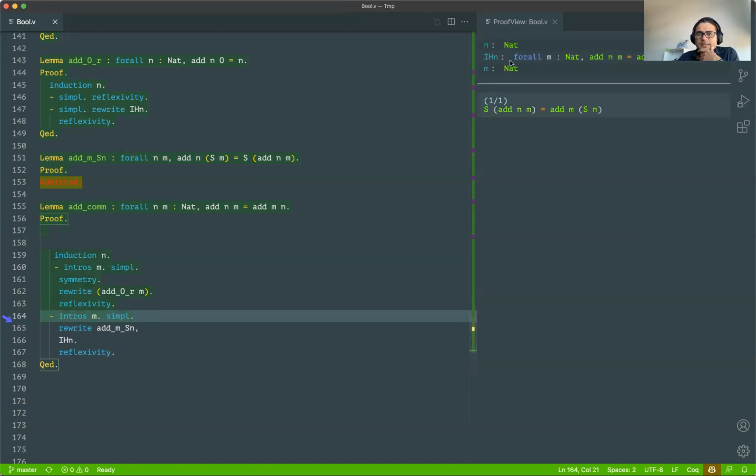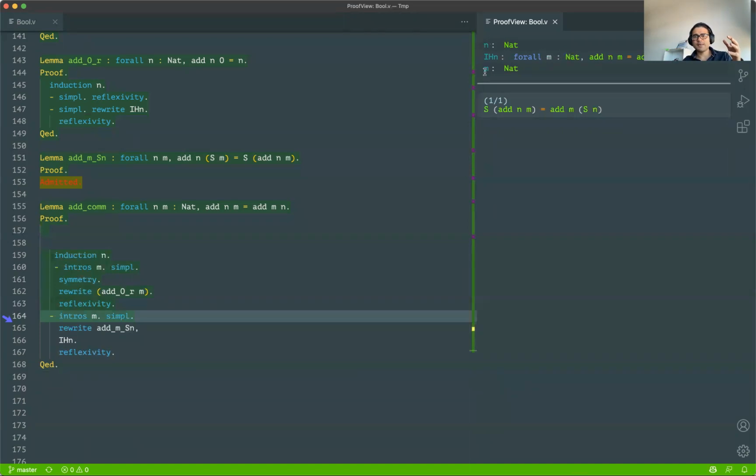If you look at this induction hypothesis, I get this for all m quantifier in the induction hypothesis. This is very crucial because it's a very general, very strong induction hypothesis. You can do many things because you can instantiate this m for various values, depending on what natural number you have in your context.